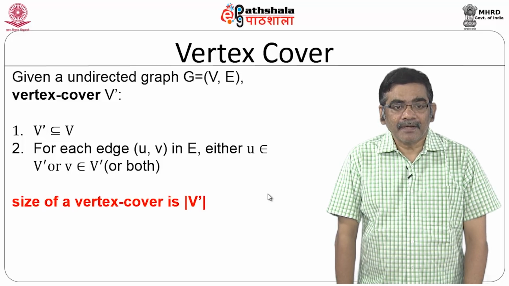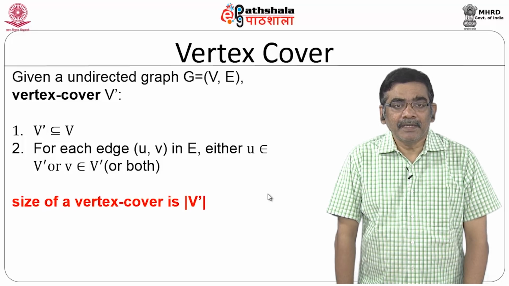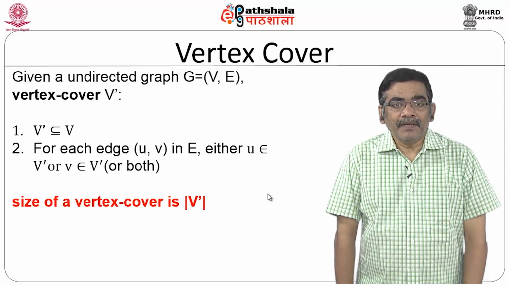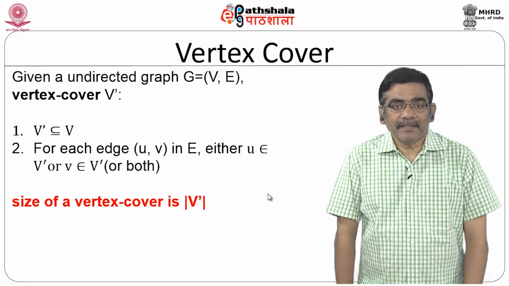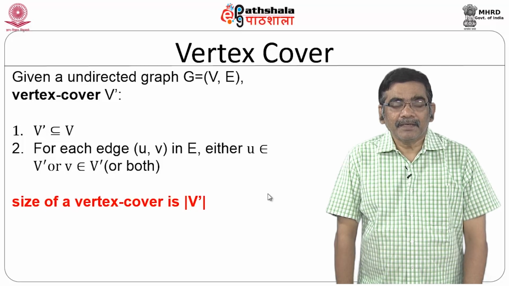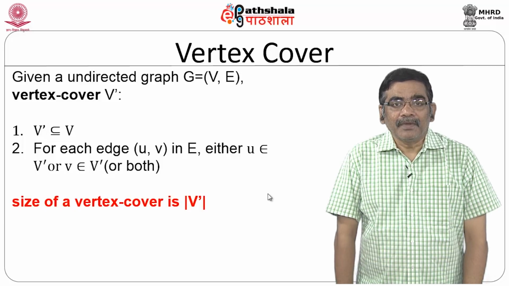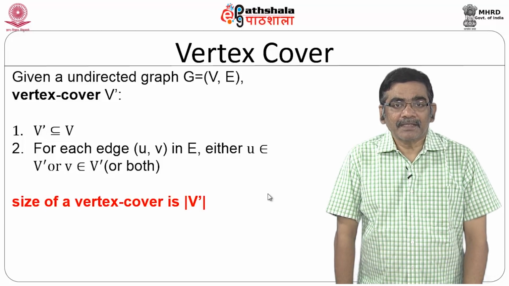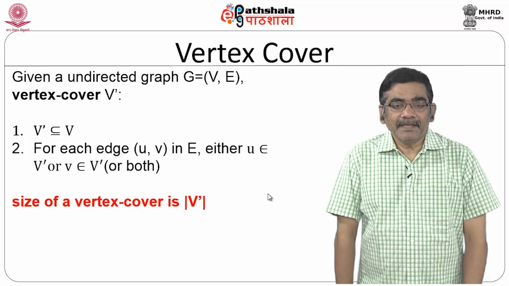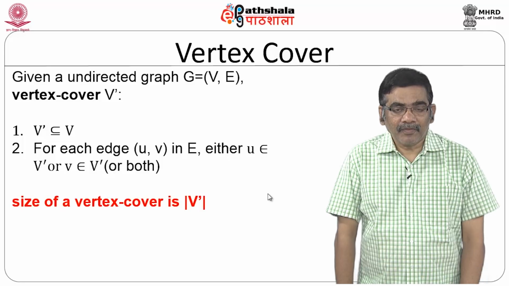In other words, for every edge at least one vertex of that edge belongs to the set V prime. If we are able to construct such a V prime, then that is what we call the vertex cover. What is the size of the vertex cover? The vertex cover size is the number of vertices that are part of V prime.